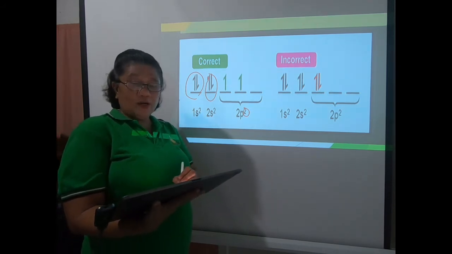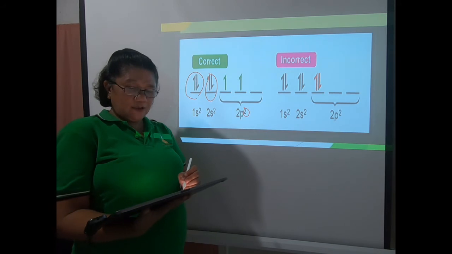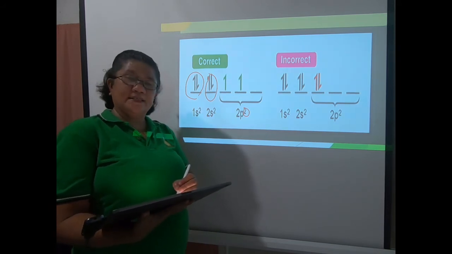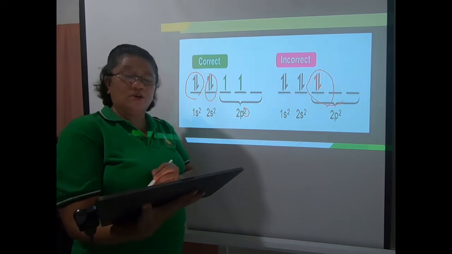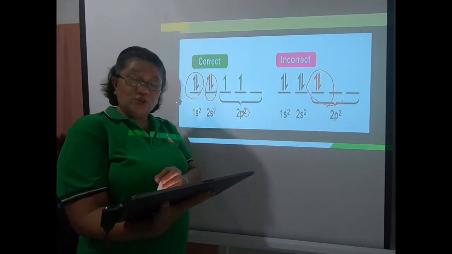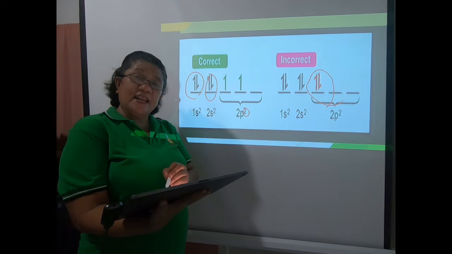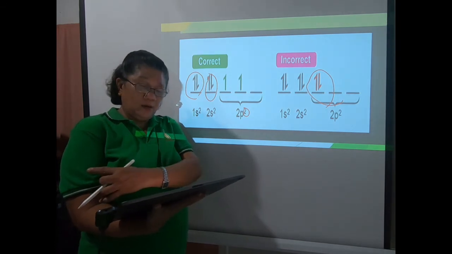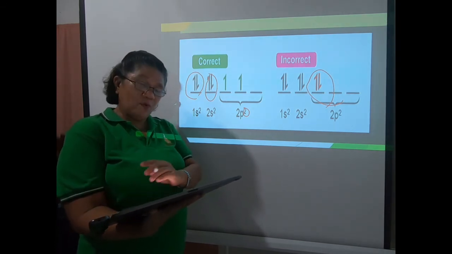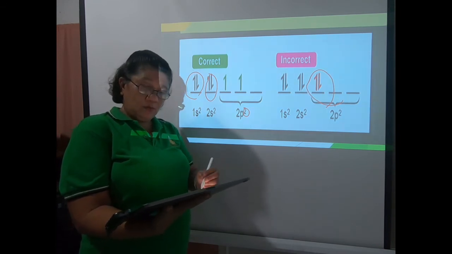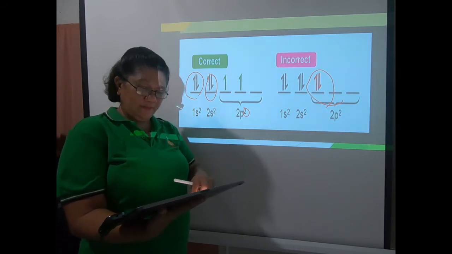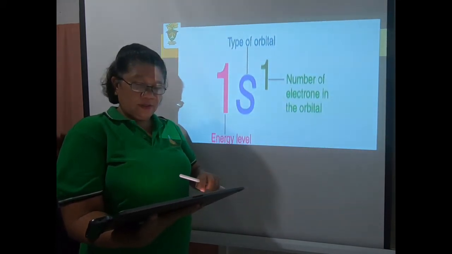Therefore, because there are only 2 electrons, it should be filled to the next. That is up, up. This is wrong. This is incorrect, because you should fill up first the next orbital before filling the filled up orbital.